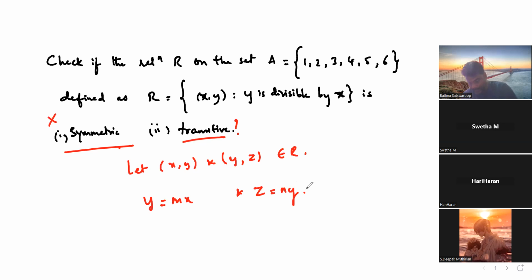Right? So Z is equal to nY, which is nothing but n into mX. That I can write as nm into X. That I can write as nm into X.